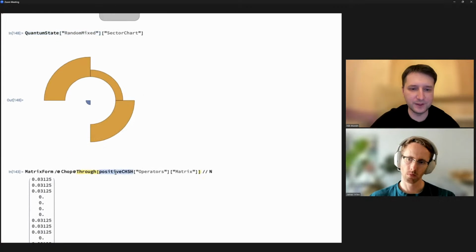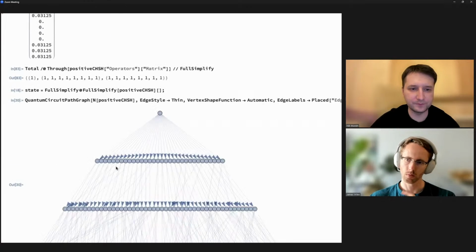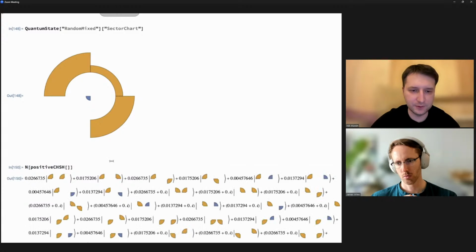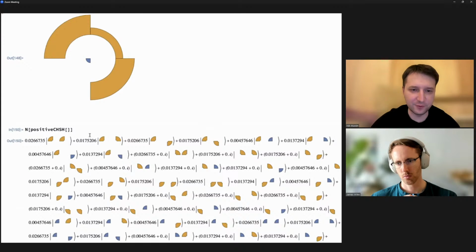And if you do it like this, if you just run it, try numerical first. You're gonna see those amplitudes explicitly for all possible sectors for Alice and Bob combined answers.